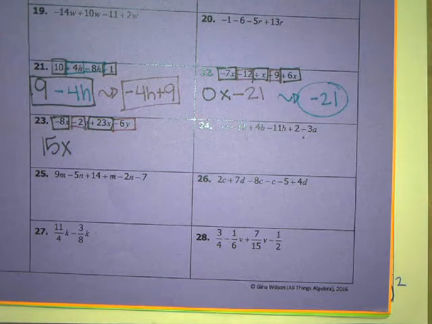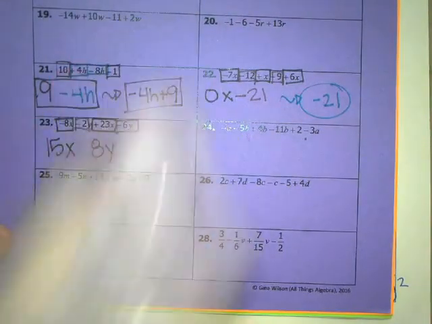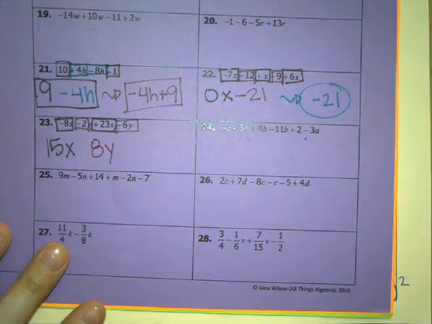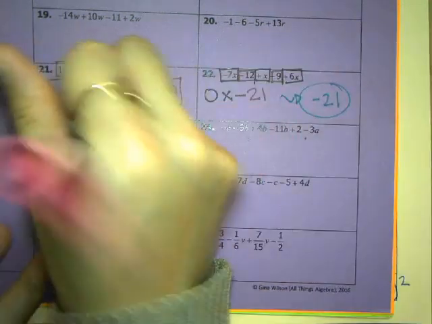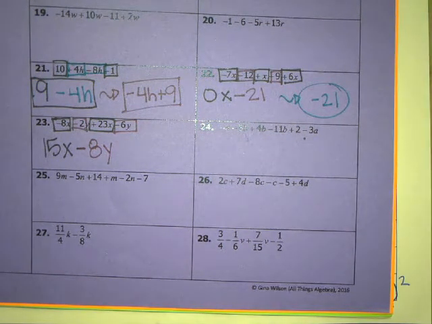They are both negatives. And if they're both the same, we do what operation? Add. So negative 2y minus 6y is what? Negative 8y. And if it's a negative 8y, do I put a plus sign or a minus sign? Minus sign. So my answer is 15x minus 8y.